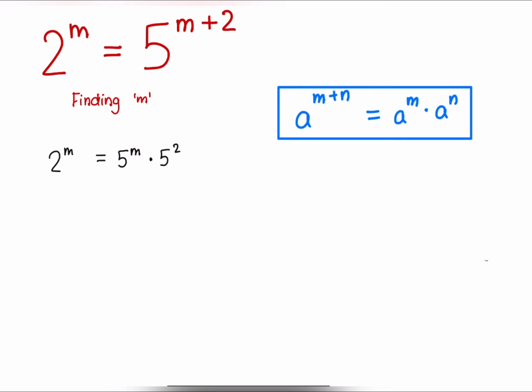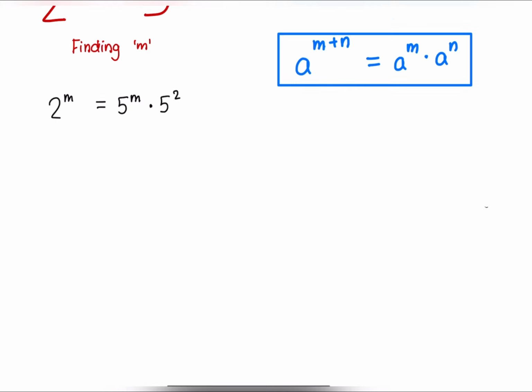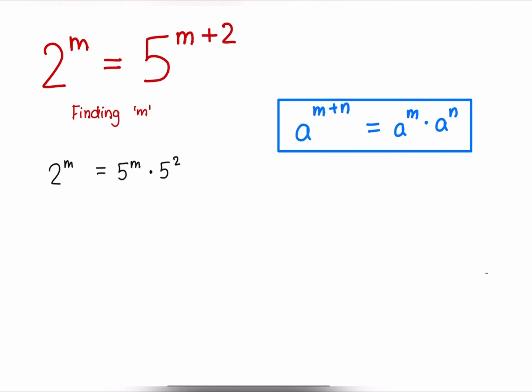So our next step is going to be putting in the value for 5 squared, which is 25. So 2 to the power m is equal to 5 to the power m times 25. And now what we're going to do is divide both sides by 5 to the power m.